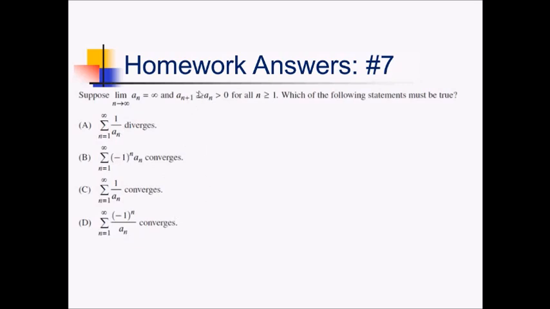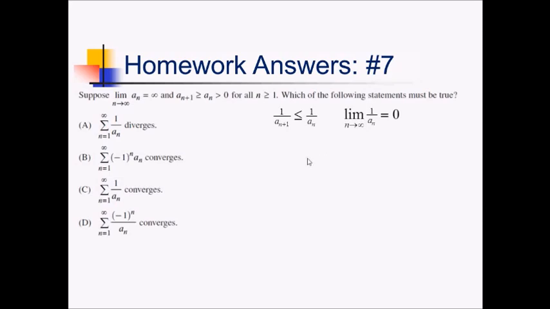One of them is if we have the n plus 1th term of this being greater than the nth term, that means if I turn these into fractions and do 1 over a sub n plus 1, that's going to have to be less than or equal to 1 over a sub n. If this term is bigger than this term, bigger denominator here means a smaller fraction than this one. Okay, and another important fact here is if the limit of this thing is approaching infinity, 1 over this thing as n approaches infinity must be approaching 0.